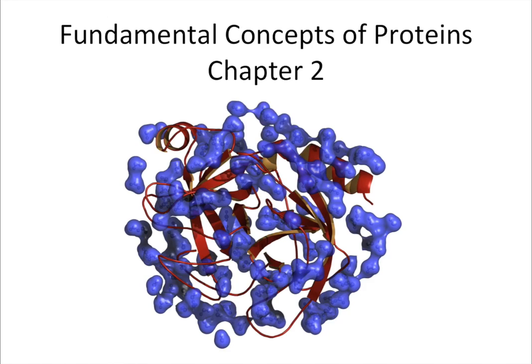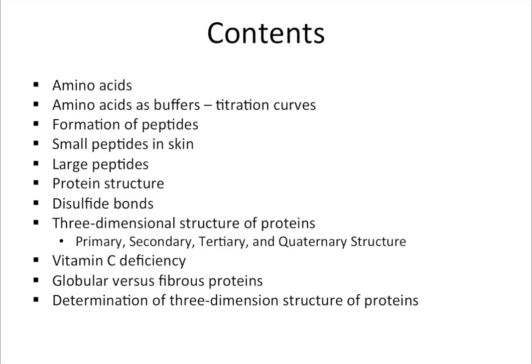So going back to the 20 amino acids, that's what we'll start with. And then we'll go in and talk about amino acids as buffers. So we briefly went over the titration curve. I believe it was for acetic acid during the first chapter. We'll briefly mention that again, and then we'll show titration curves for some of the amino acids.